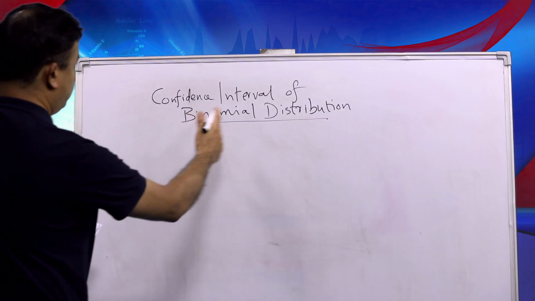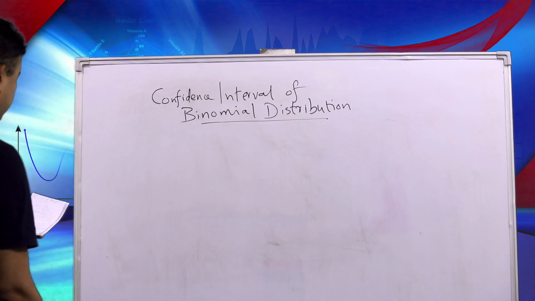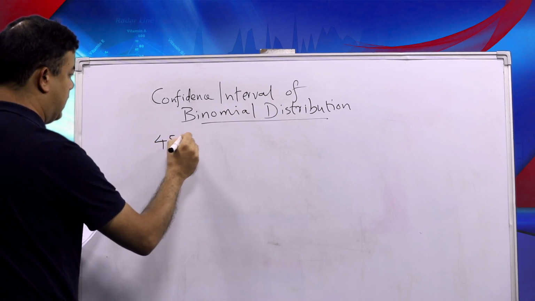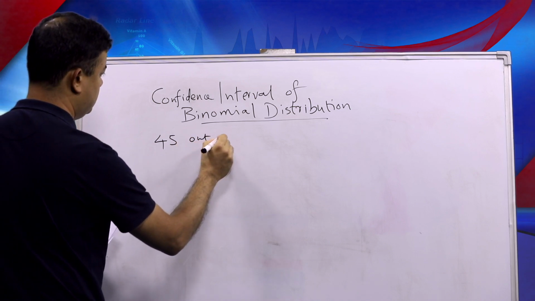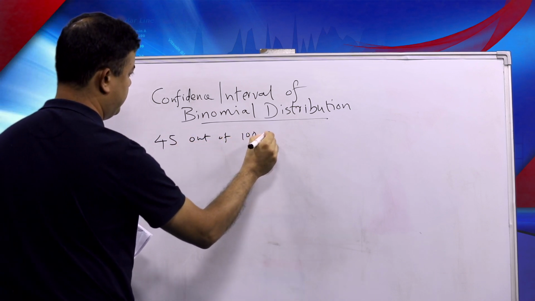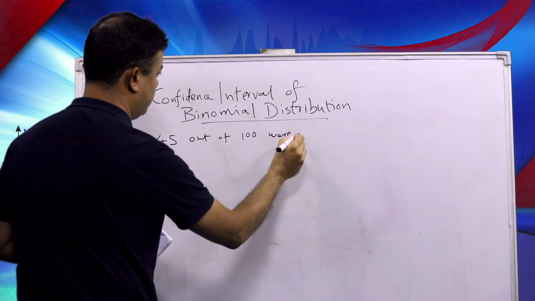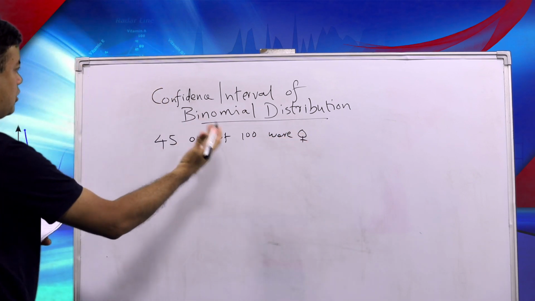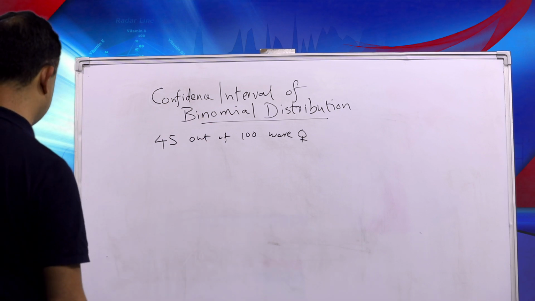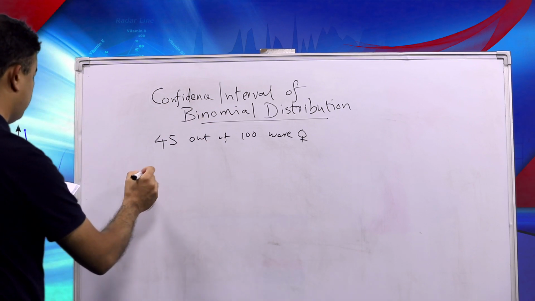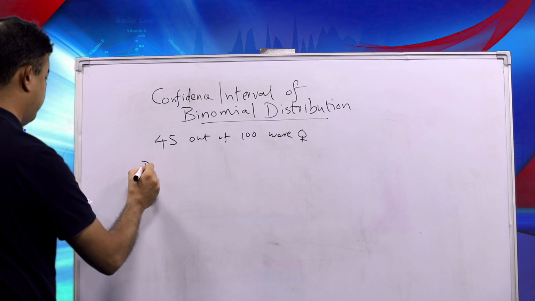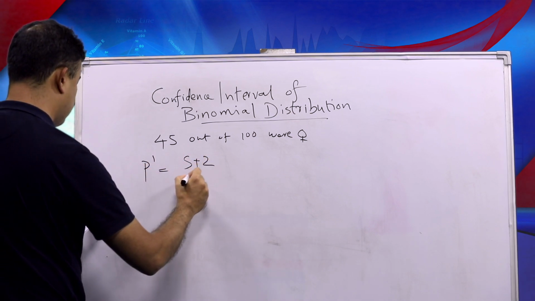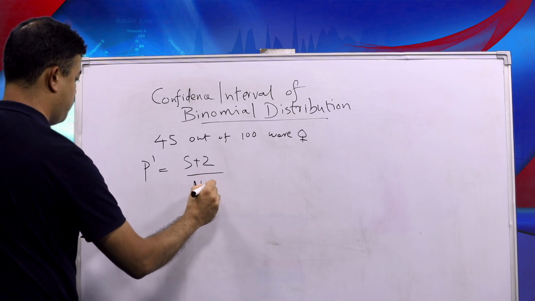So let us calculate the confidence interval of that particular problem. The problem was that 45 out of 100 were females. How to calculate the confidence interval of this proportion here? First of all, let us write the formula here. The first is the P prime. P prime is equal to S plus 2 divided by N plus 4.